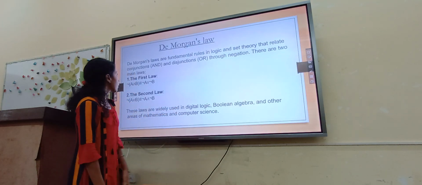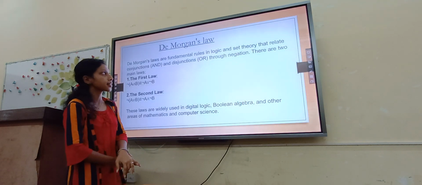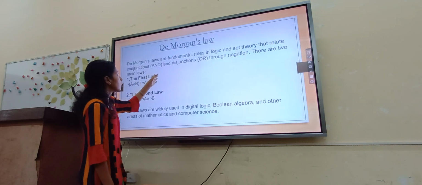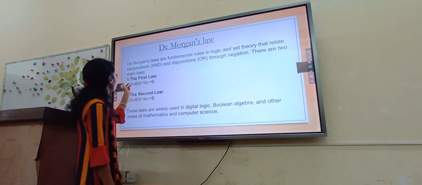Then De Morgan's laws. De Morgan's laws are fundamental rules in logic and set theory that relate conjunctions, meaning AND, and disjunctions through negation. There are two main laws.